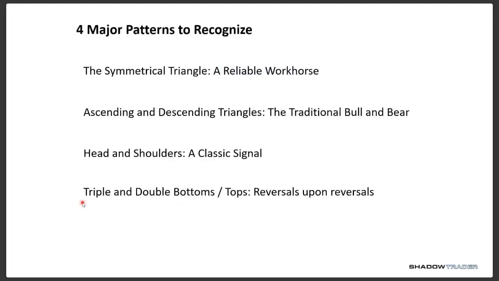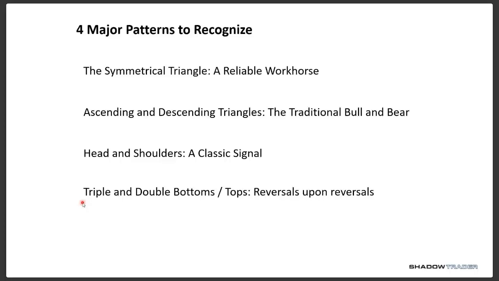Going beyond candles, we've got wedges, we've got triangles, head and shoulders, W patterns, M patterns, all sorts of things out there to confuse you about which way the stock is possibly going to go. Here are 4 that are major patterns. We've got a symmetrical triangle.